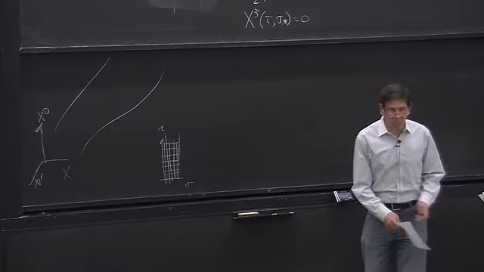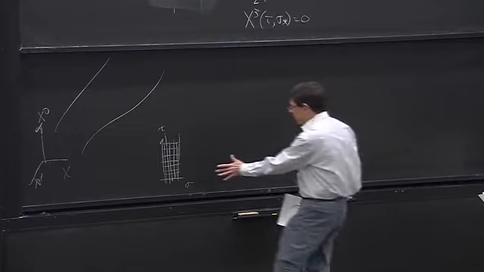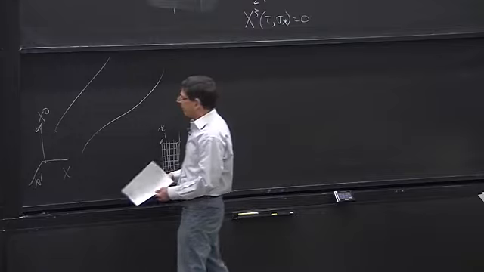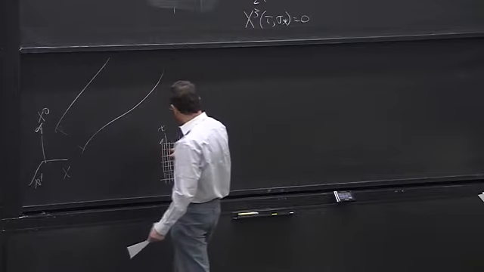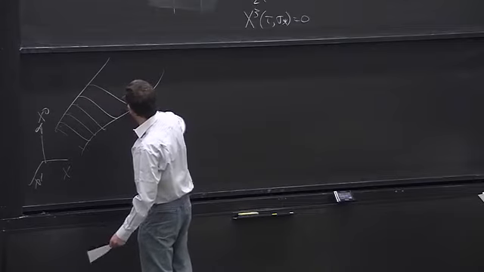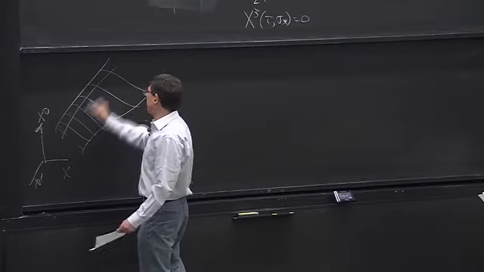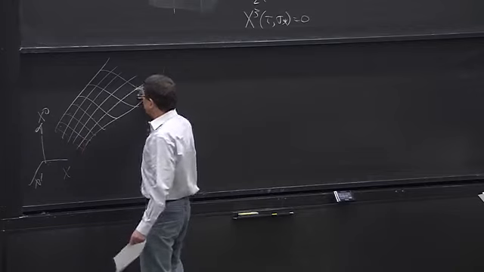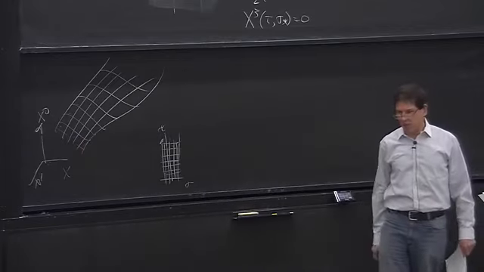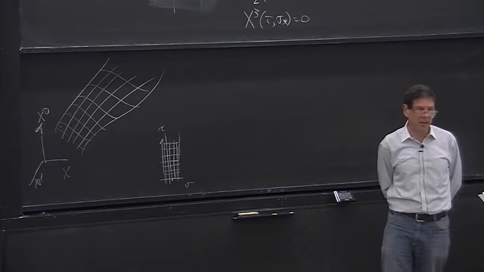And choosing a parameterization is finding how to map this grid, how to put the grid here, how to draw the lines of constant tau somehow, and how to draw the lines of constant sigma. So I give you a surface, and you teach me how to draw those lines. That's the name of the game.